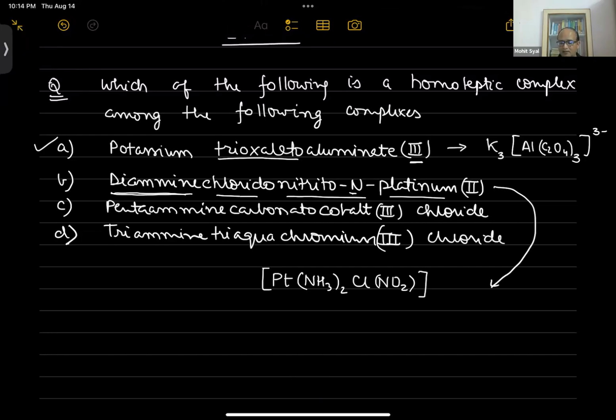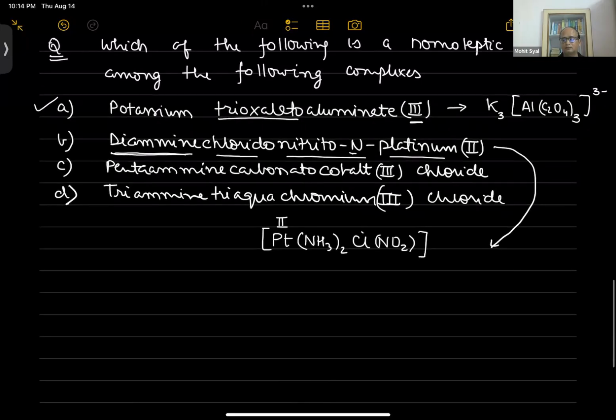And platinum is +2, with the two negative charges. It is a neutral complex. Is it clear or not? Yes, sir. Is it homoleptic or heteroleptic? It is a heteroleptic complex because the square bracket consists of more than one type of ligand.